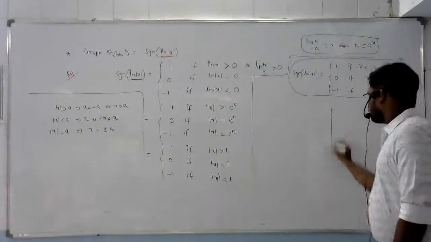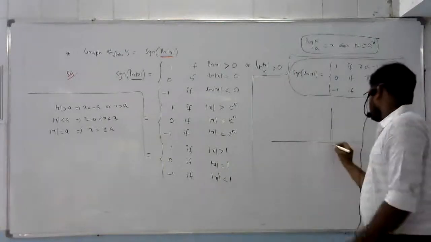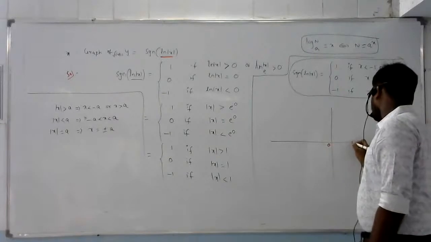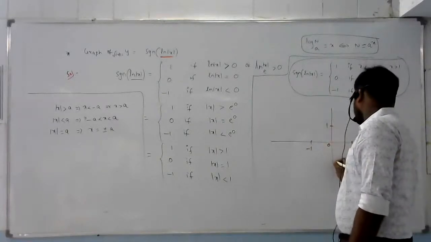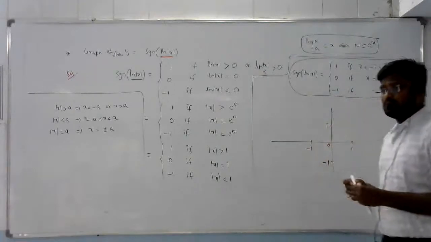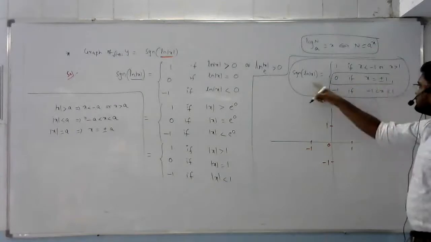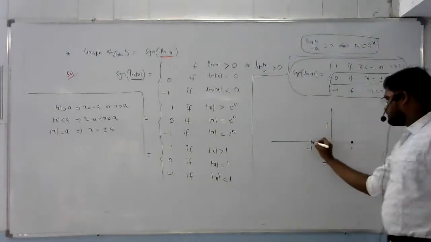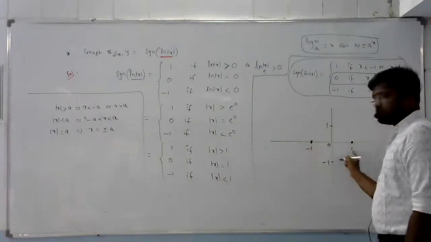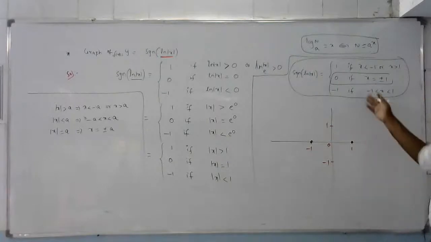Now let us try to draw the graph. First thing, 0, 1, minus 1. First of all, when does signum of ln mod x become 0? When x equal to 1 and when x equal to minus 1. Two dots: 1, 0 and minus 1, 0. Correct? It is like plotting the graph.